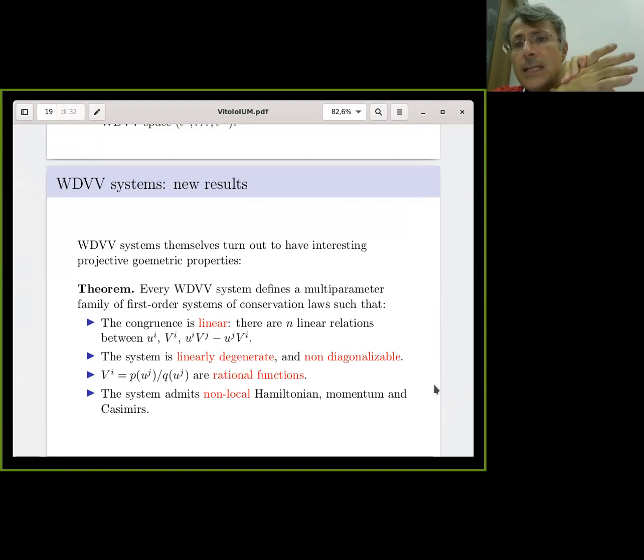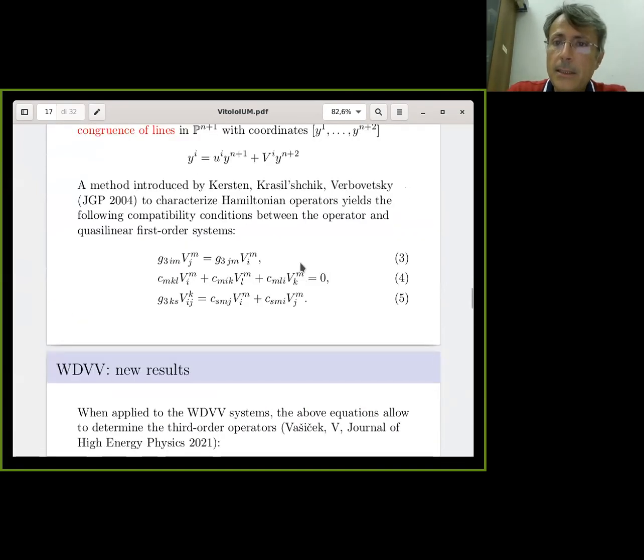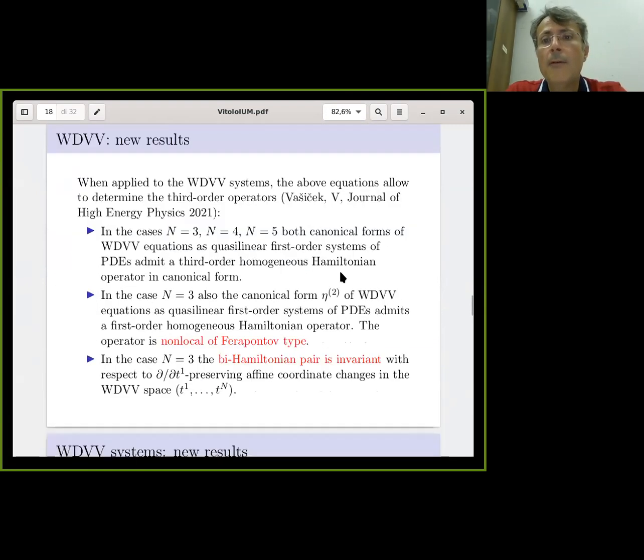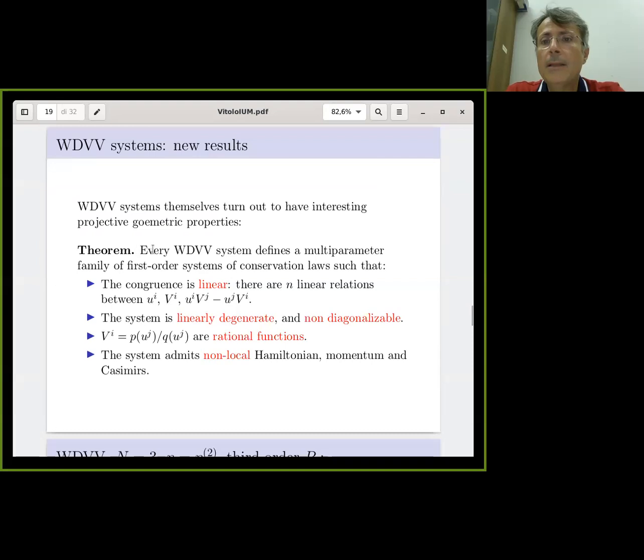There are also new results on the projective geometric properties of the WDVV systems. And it follows from the equations that I discussed here, these equations coming from the method by Kersten, Krasil'shchik, Verbovetsky.